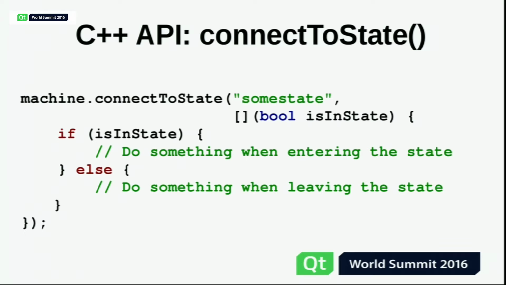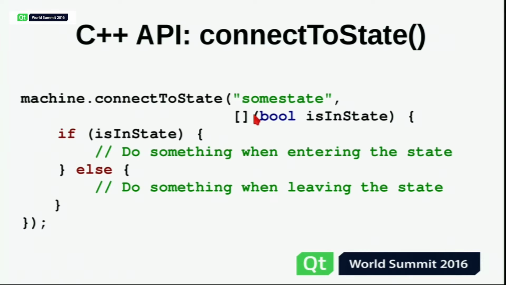And this is how you actually do that. You can connect to a state here, and you get a parameter. This is mirroring the QObject::connect method, actually.